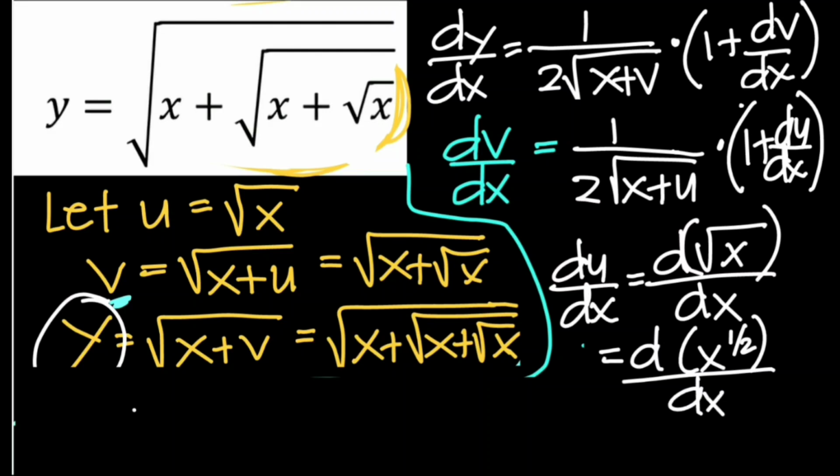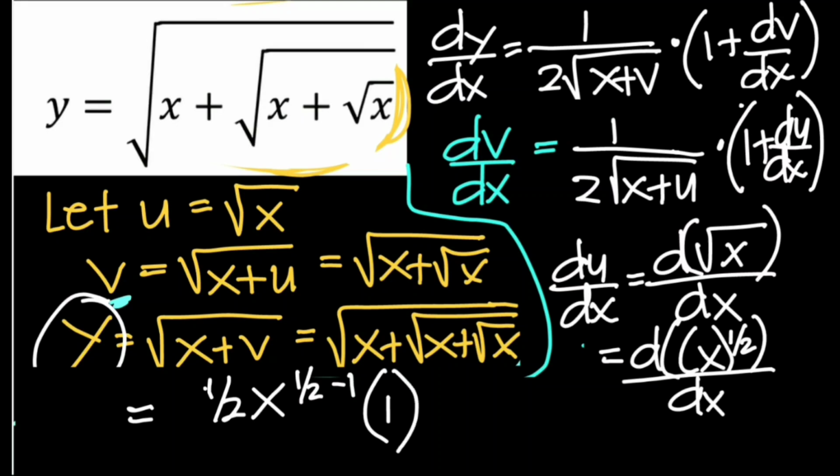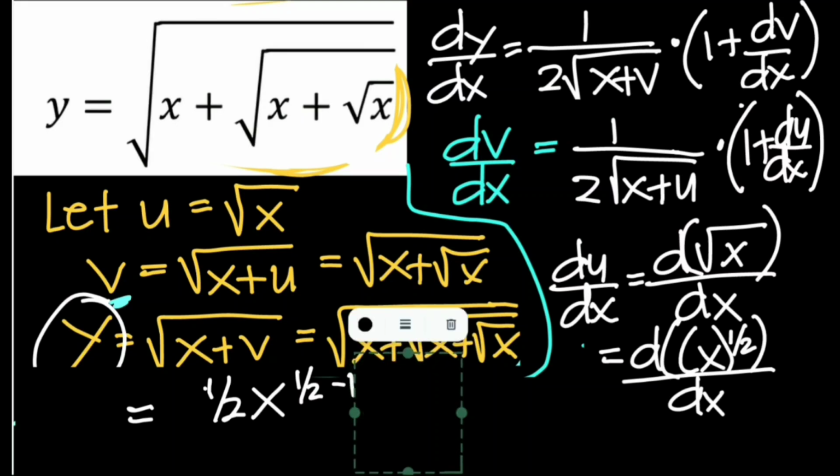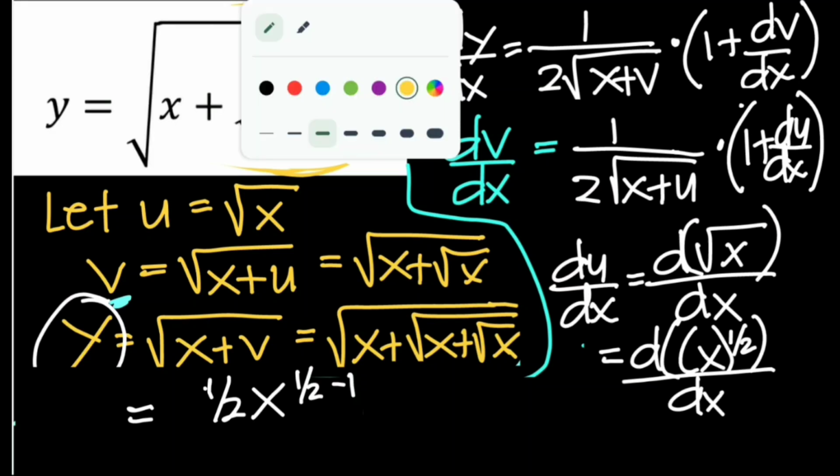Then we derive that, so this would become 1/2 x to the 1/2 minus 1 times the derivative of x, which is 1. Anyway, we multiply that by 1. It will just be 1/2 x to the negative 1/2.